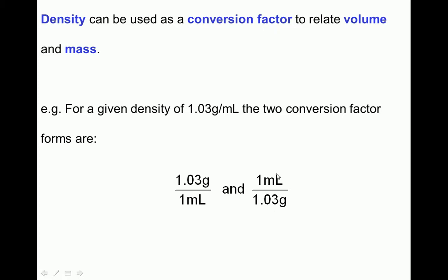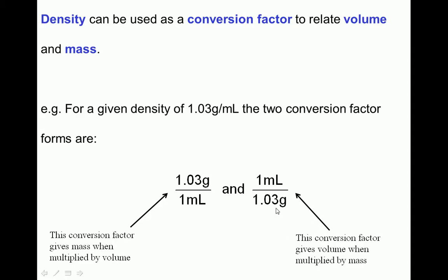Either of these conversion factors is an accurate representation of what this density is telling us. 1 milliliter of solution will weigh 1.03 grams. 1.03 grams of solution will have a volume of 1 milliliter. They are equivalent statements. So multiplying a measure of volume by this conversion factor will give you the mass, whereas multiplying the mass of an object by this conversion factor will give you the volume.